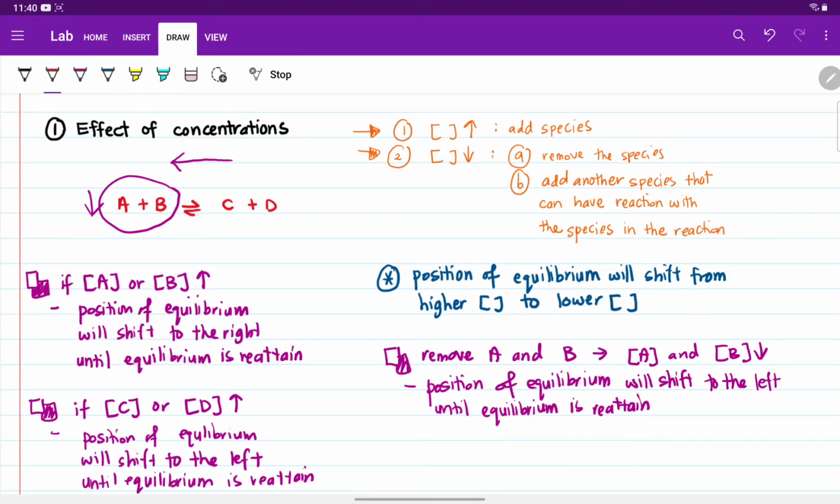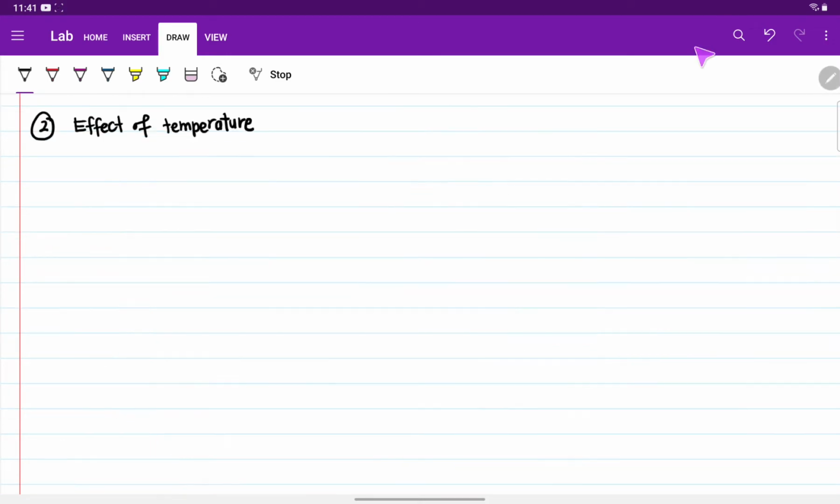Atau selain daripada kita kata until equilibrium is re-attained, kita boleh juga kata until QC equals to KC. So bila QC equals to KC, maksudnya system is at equilibrium. Okay, so yang ni yang pertama, effect of concentration. Yang kedua kita akan tengok pula kepada effect of temperature.